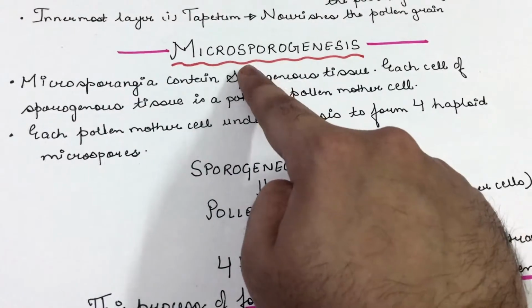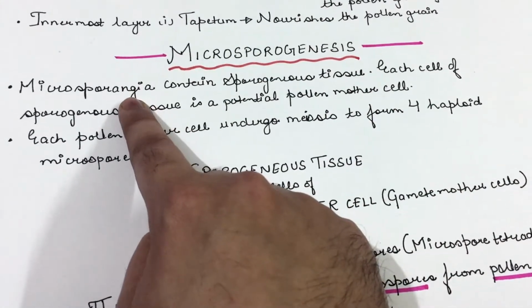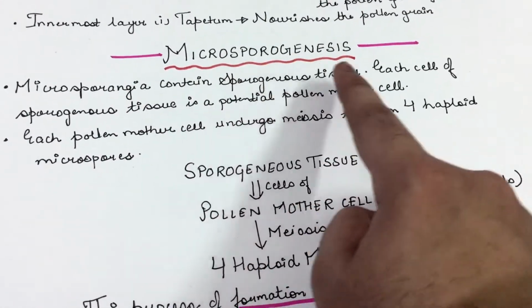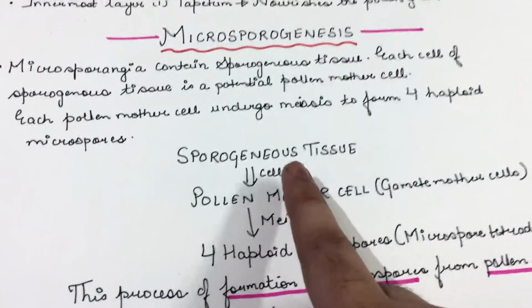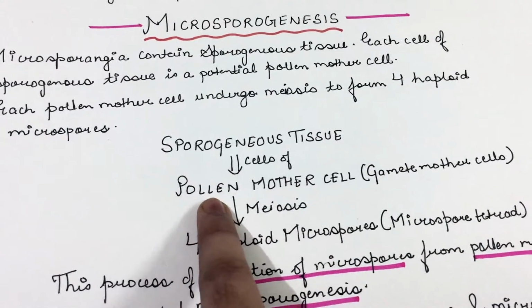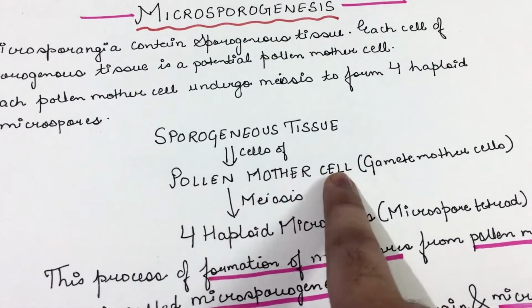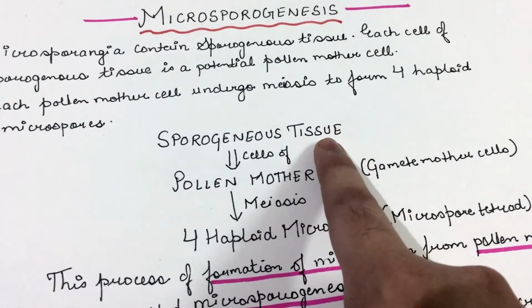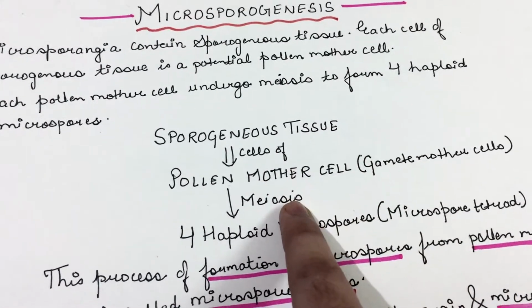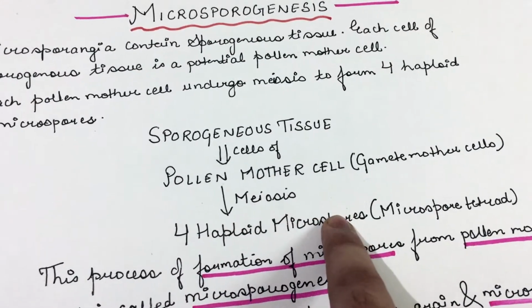Now let us study microsporogenesis. We know microsporangium contains sporogenous tissue. Each cell of sporogenous tissue is a potential pollen mother cell. These pollen mother cells of sporogenous tissue undergo meiosis to form 4 haploid microspores.